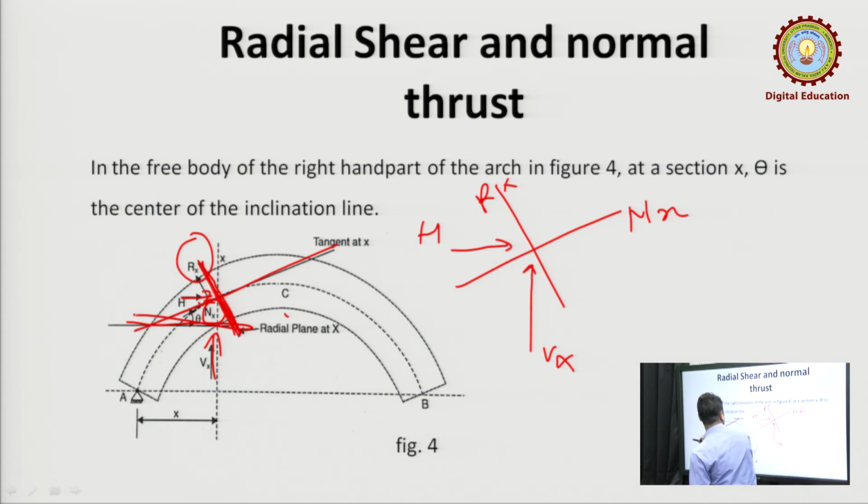The angle which is working is between this horizontal plane and the tangent. This angle will be theta, and this theta and this theta will be equal.